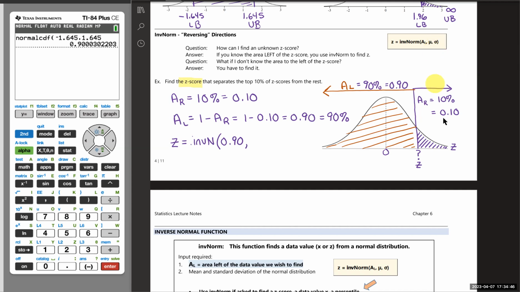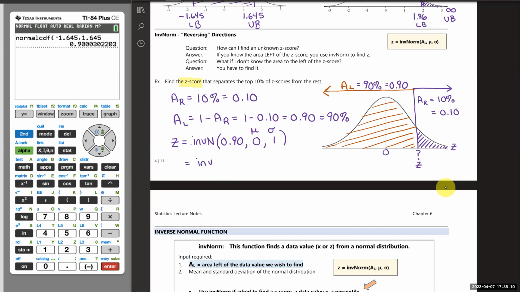In this case, working with z-scores, standard normal, the mean is 0 and the standard deviation is 1. The mu and the sigma for z-scores, the 0 and the 1, are the default, just like they were with normal CDF.